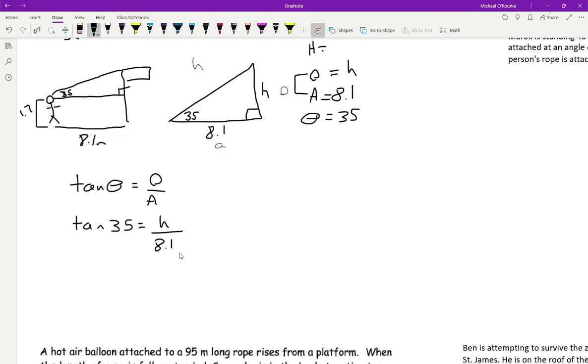So how do I move that 8.1 over again? I need to move it over. So what's it going to become when it comes over here? Good, multiply. So that's going to be 8.1 times tan 35 equals H. Let's do that on our calculators to make sure we all get the right answer.